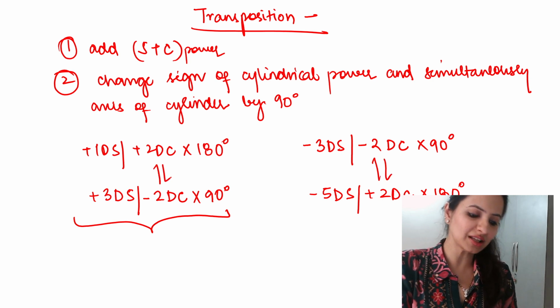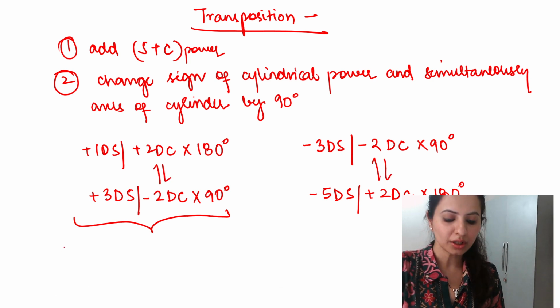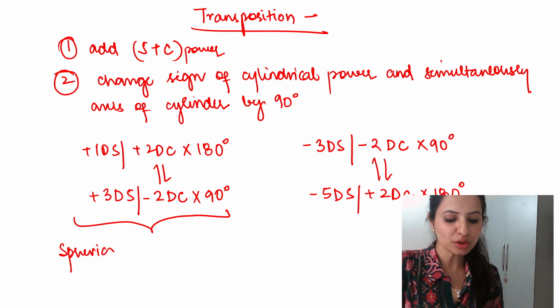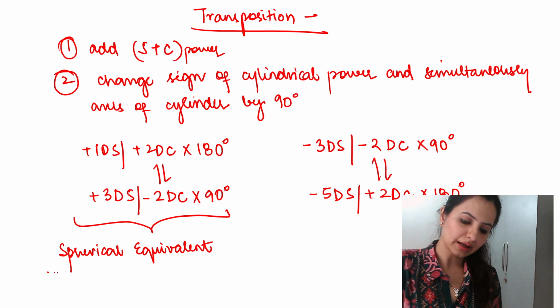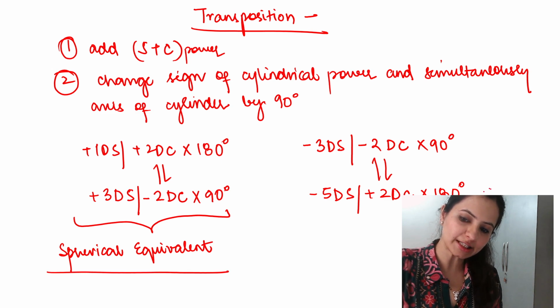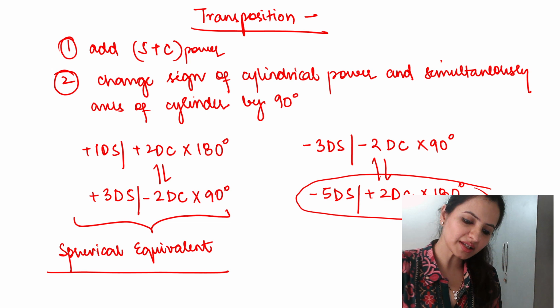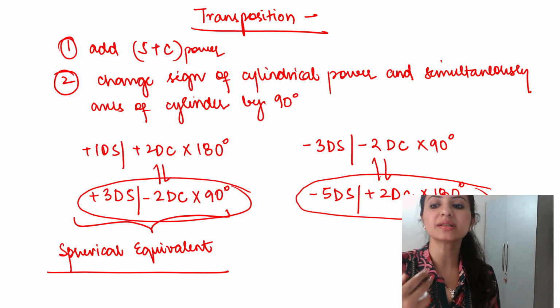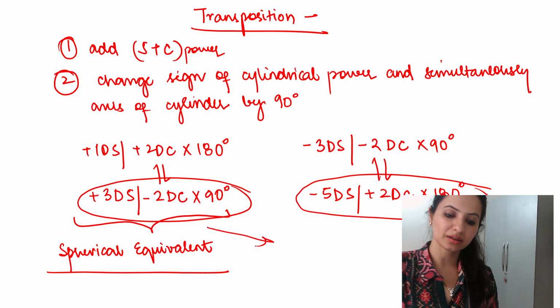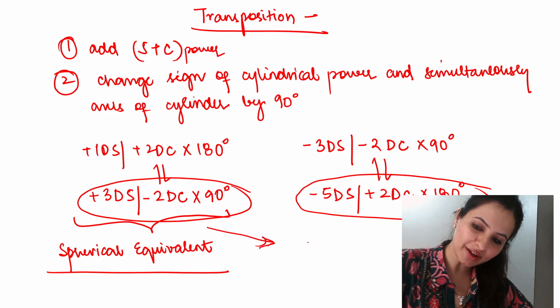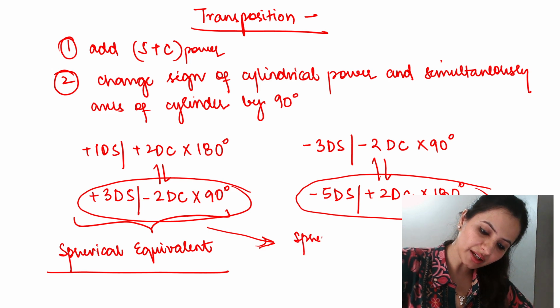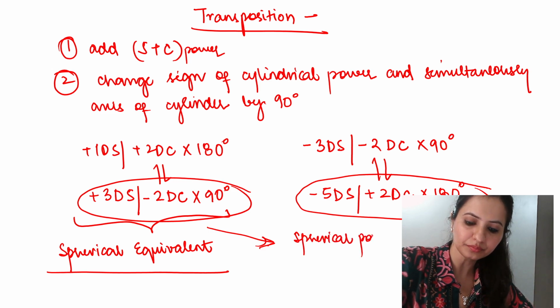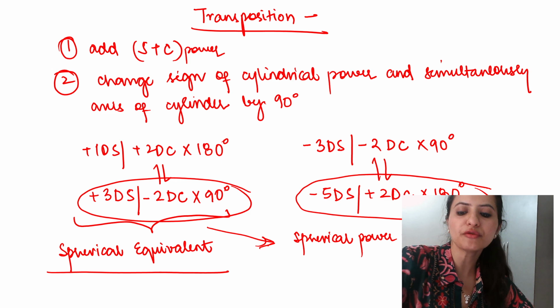Sometimes in the question they may even ask you about the concept of spherical equivalent. They will give you an equation like this, and they will ask you what is the spherical equivalent of this spectacle prescription. So spherical equivalent is the spherical power plus half of the cylindrical power.